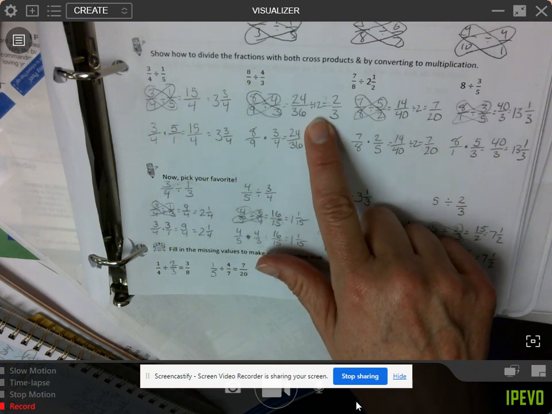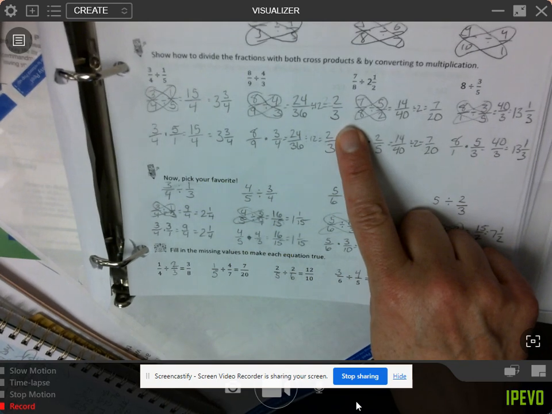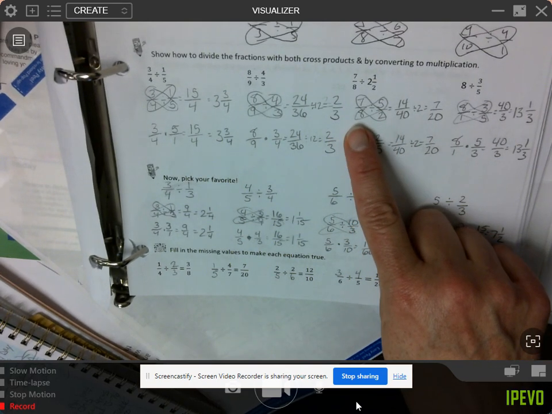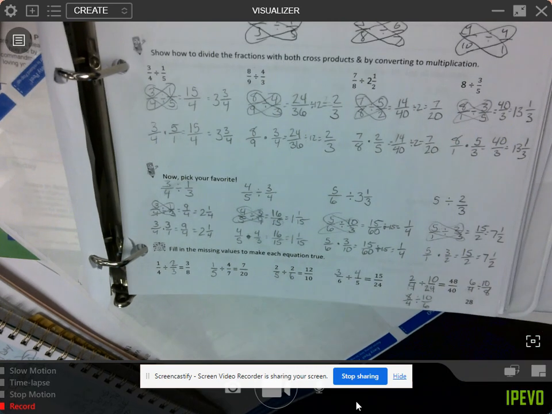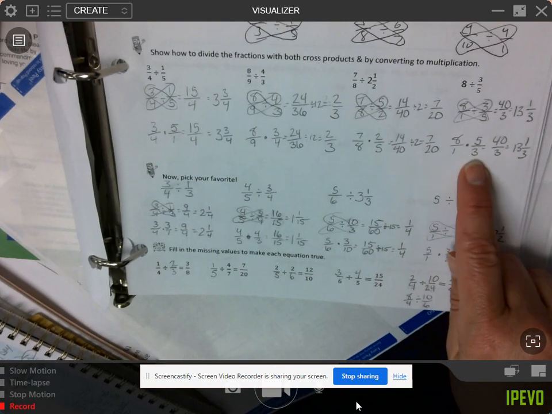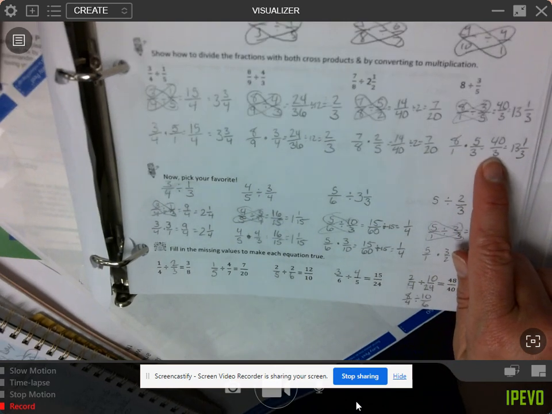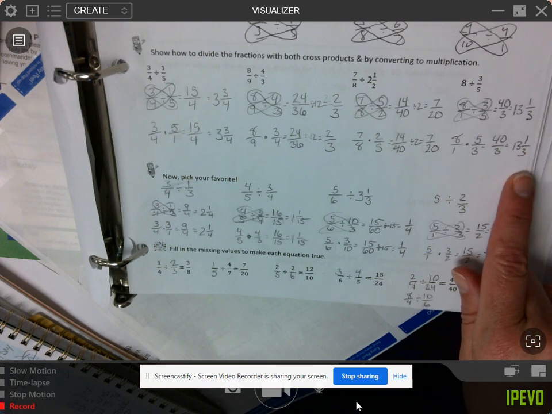You have to simplify to 2/3. Then our next one is 14/40. You have to simplify to 7/20. And the last one is 40/3 or 13 1/3. Any questions on those ones?